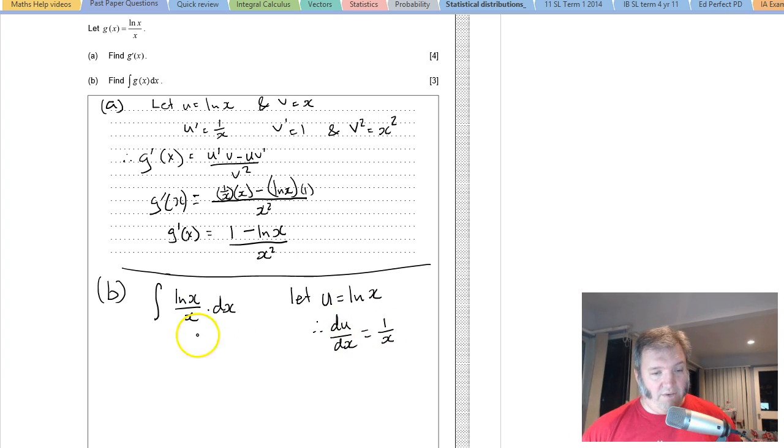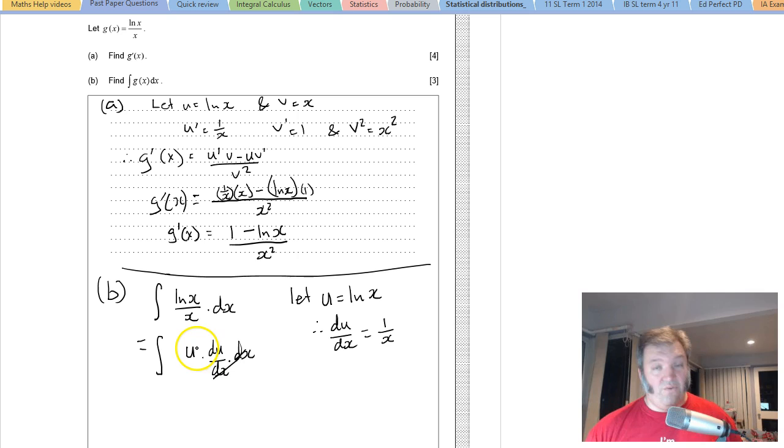And you can see here we're going to end up with what we want. Now, again, there's lots of ways you can substitute it in. You can just replace the 1 over x with du dx and cancel it out. So you end up with the integral of ln x, which we call u, times 1 over x, which we call du dx, and then that's multiplied by dx. And you can see the dx is cancelled there.